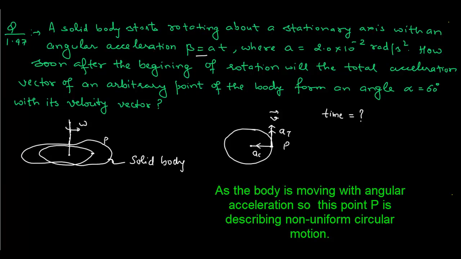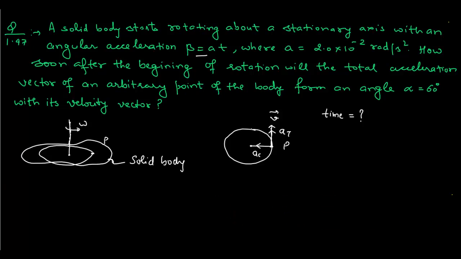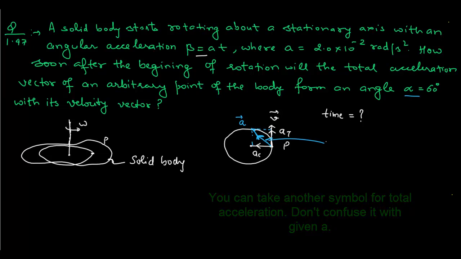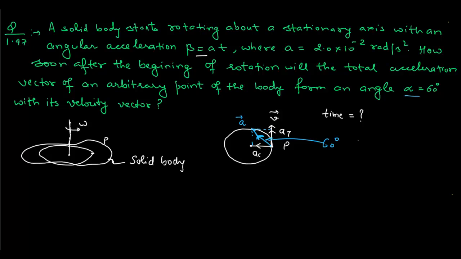The resultant of this tangential and the centripetal acceleration is the total acceleration, and that will act in this direction. So this is the total acceleration, and this angle alpha is given as 60 degrees. So he is asking at what time this situation will happen.